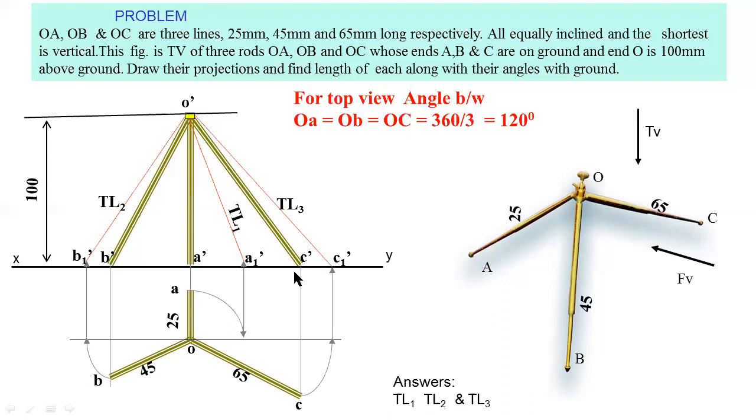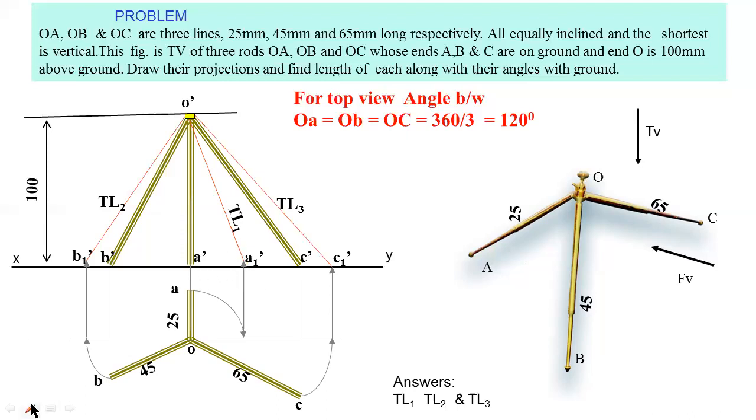And for angles with the ground, you have to measure the angle between the horizontal plane and the true lengths. For example, if you want to find the true inclination with the horizontal plane, you have to measure the angle between this TL1 line and the XY line.